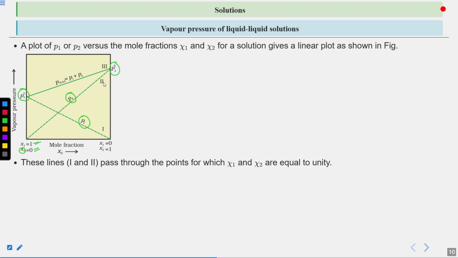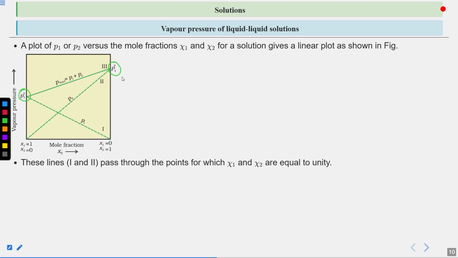Now one more important thing. If you see here, P02 is present at a greater height as compared to P01. It means the pressure of the pure component 2 is greater than the pressure of the pure component 1.